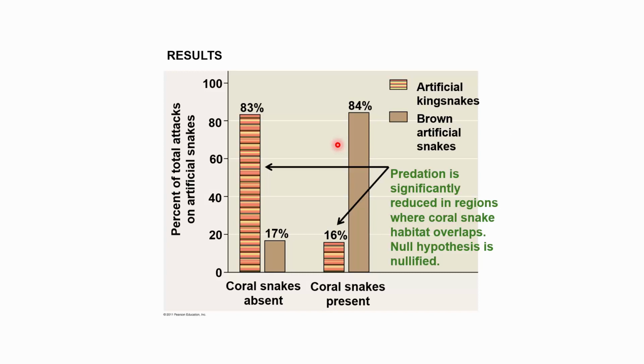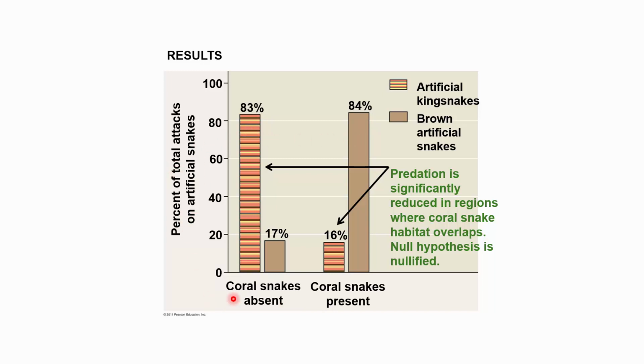And the results. Here is the area where coral snakes are absent, so where just the king snakes are present. Here's where coral snakes are present, so where the habitats overlap. Here on the y-axis is the percent of total attacks on artificial snakes. And we're going to look at both the striped and the brown snakes.